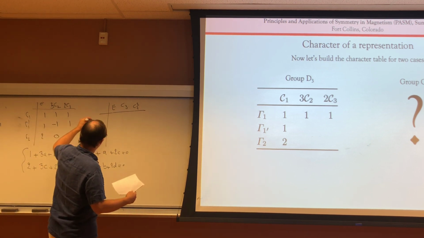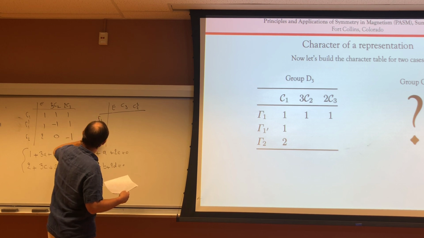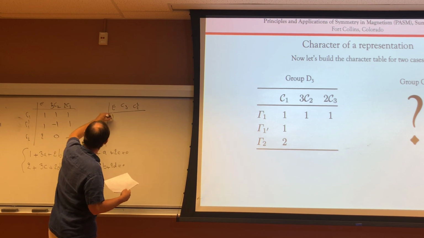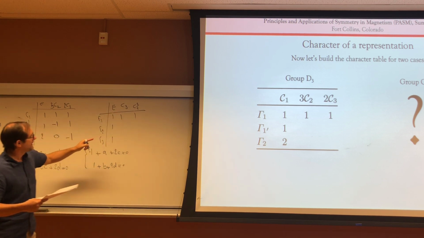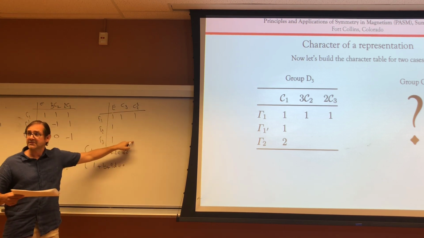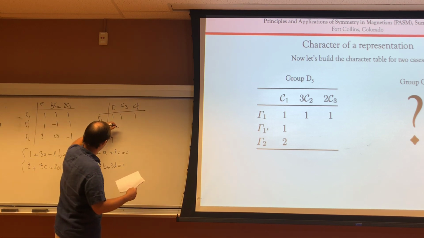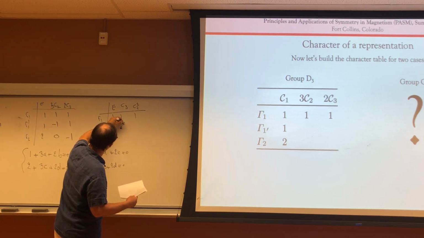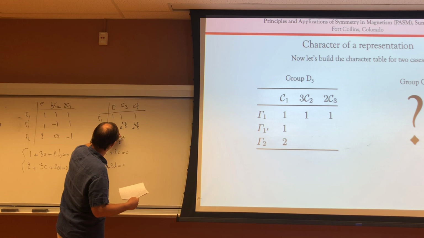So then we have, let's say, gamma 1, gamma 2, gamma 3. They are all one-dimensional representations, in fact. And to solve this character table, what you find is that here you have a phase of 2iπ over 3, here 4iπ over 3, here 4iπ over 3, and here 2iπ over 3.